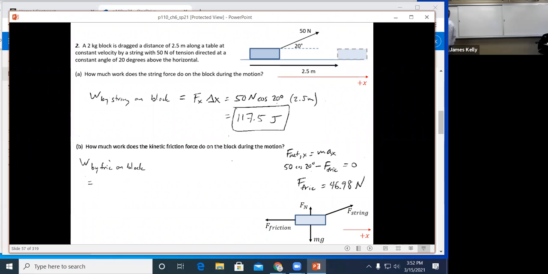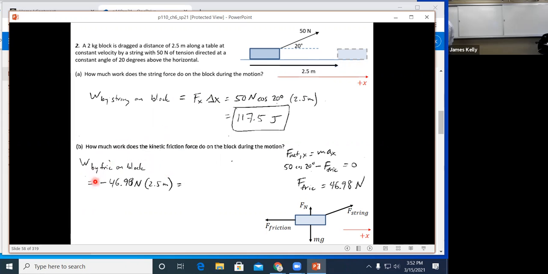And now I'm going to calculate the work done by friction on the block as it moves. Okay, delta x is still 2.5. Friction is pulling on it through that 2.5 meters. But the strength of the friction force, well, I need Fx for friction, and Fx in this case is negative, right?